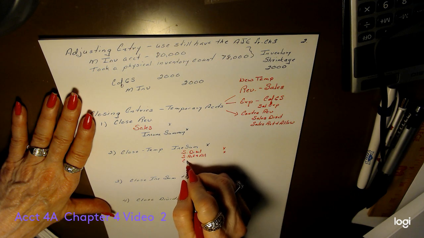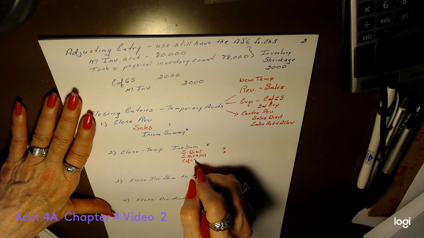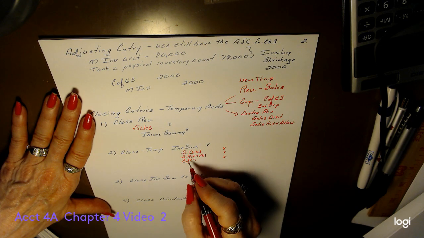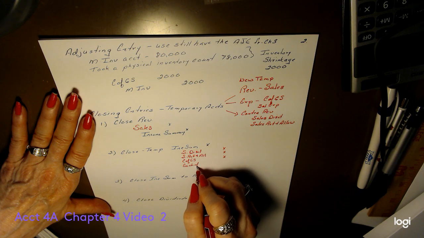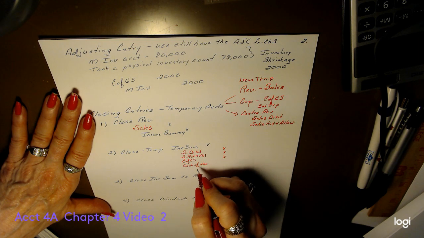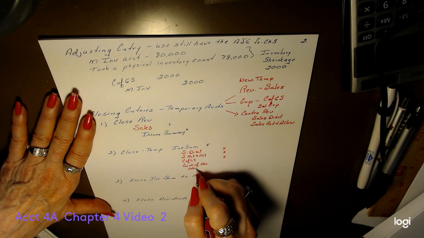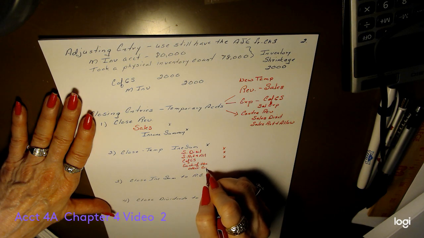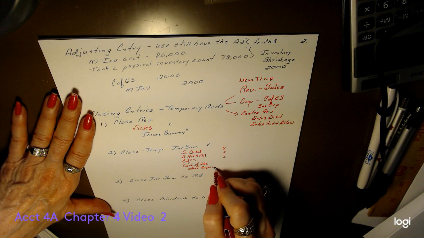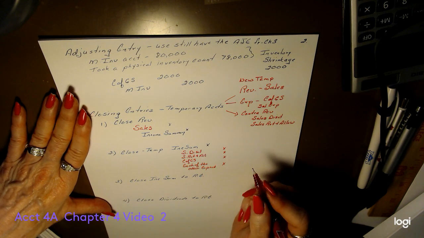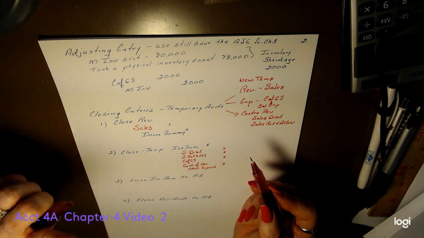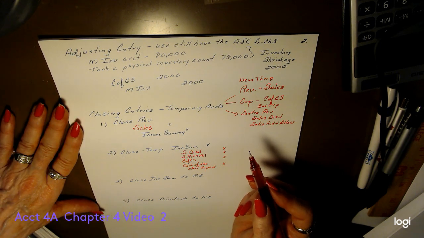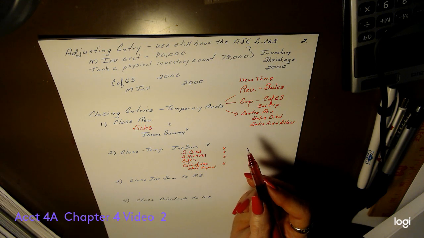We're going to credit our cost of goods sold, and we're going to credit each of the other expense accounts. And now our income summary has this, and the value in our income summary, just like it was before, is the amount of our income.